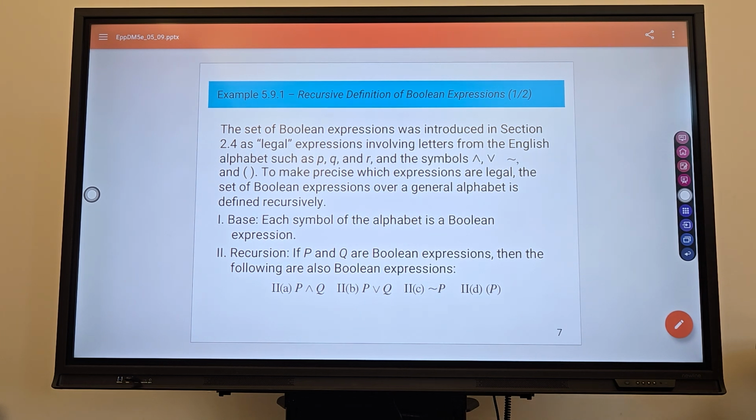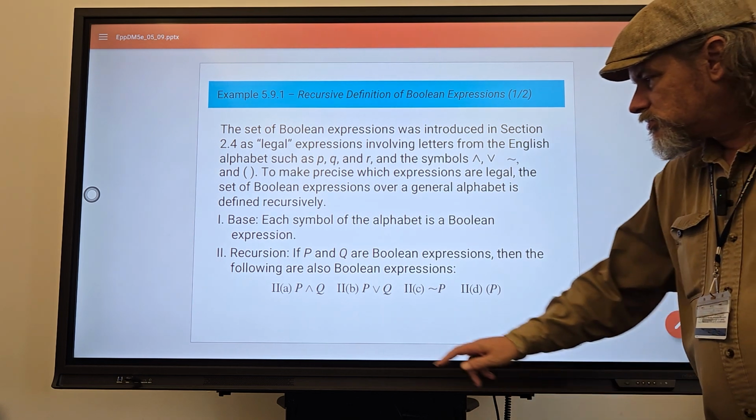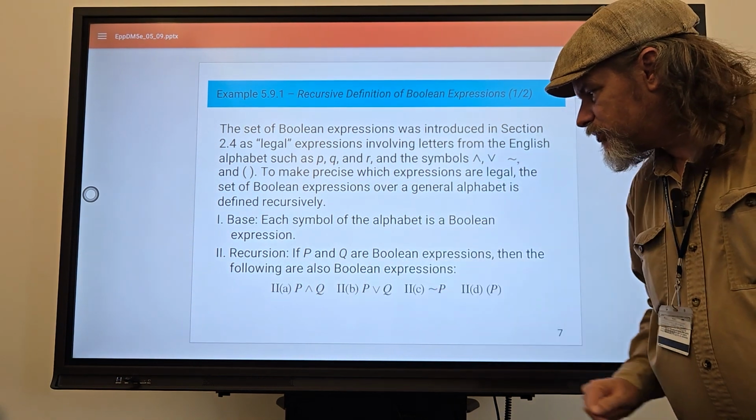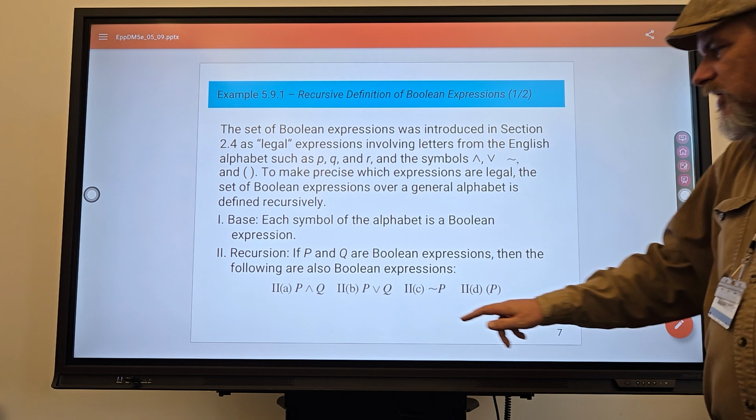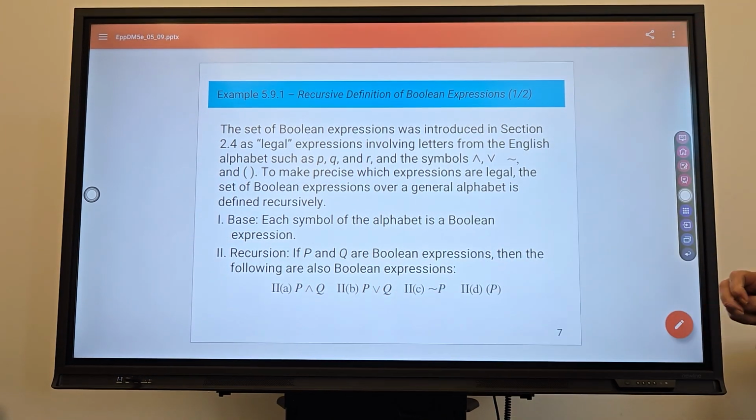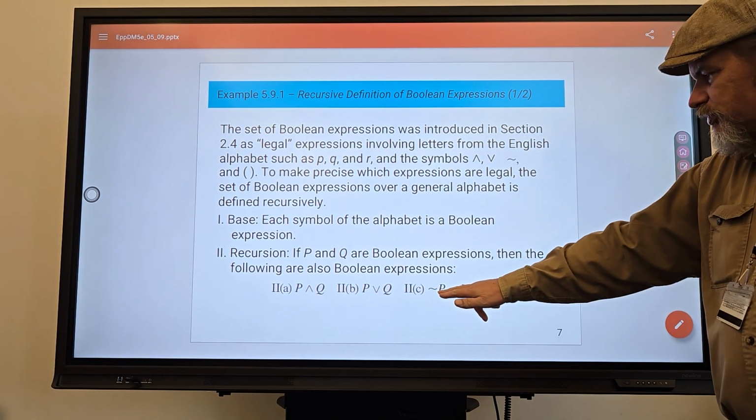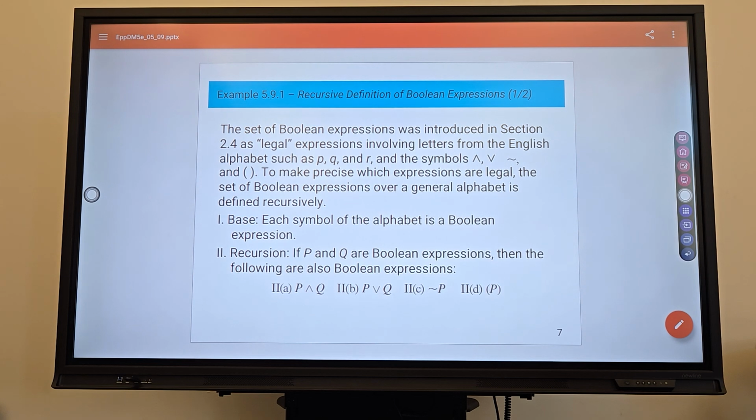The base is each symbol of the alphabet is a Boolean expression. Recursion. If P and Q are Boolean expressions, then the following are also Boolean expressions. P and Q is a Boolean expression. P or Q is a Boolean expression. Not P is a Boolean expression.